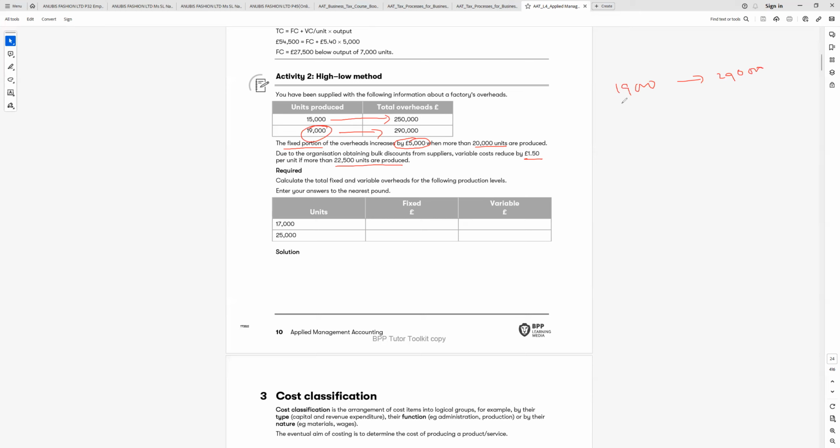Then we have a lower of 15,000 units, and the cost is 250,000. The difference is 4,000 units, and with the cost, the difference is 40,000.